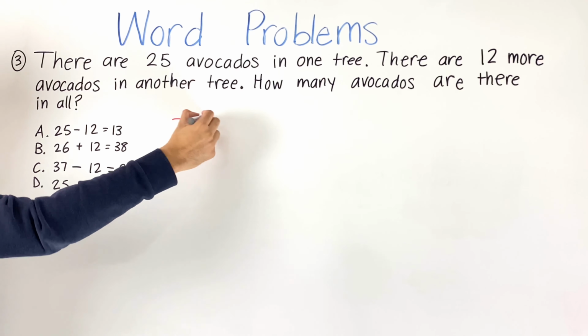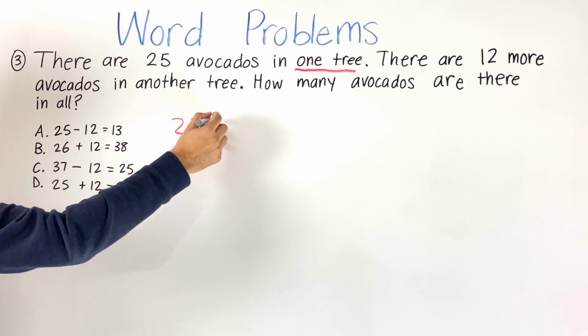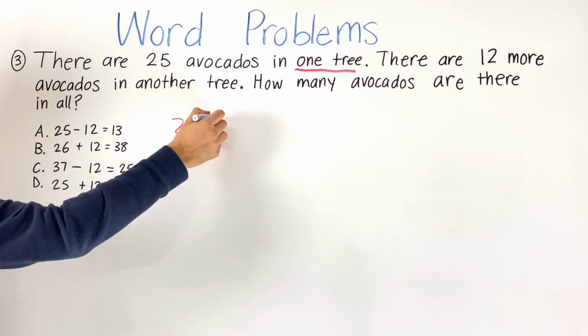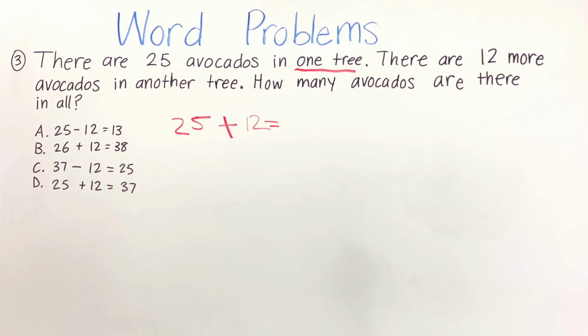And there are 12 more avocados in another tree, okay? How many avocados are there in all? So we know we're going to add 12 more, because it says 12 more avocados, okay?